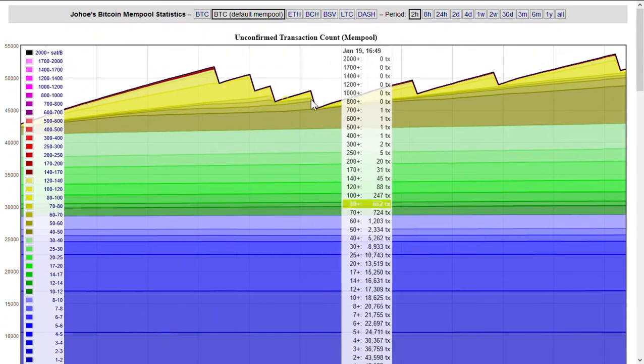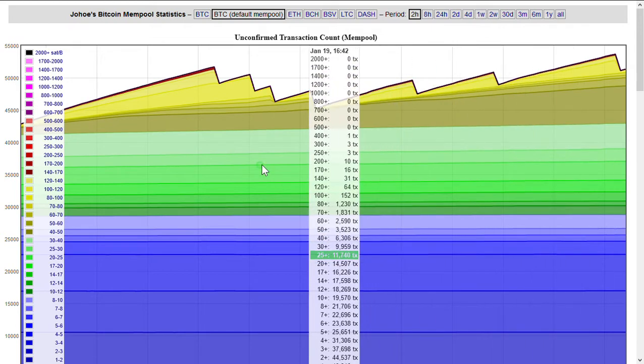Now up here, why does it look like a zigzag puzzle? Well, in the Bitcoin code, on average, it's designed for a block of transactions to be created every 10 minutes over a long time. Not 10 minutes like a train schedule, but each block only has enough size for a certain amount of transactions, because each transaction contains data.